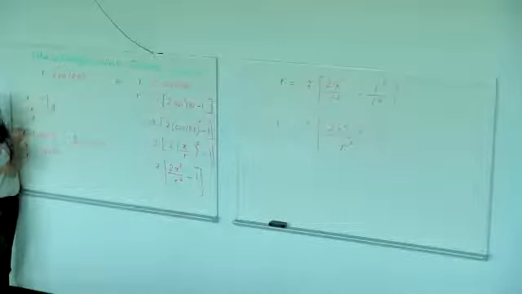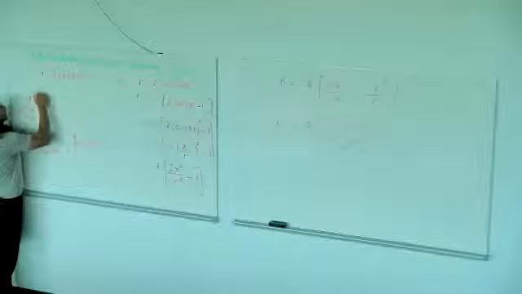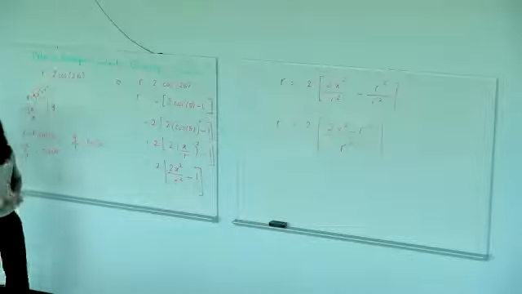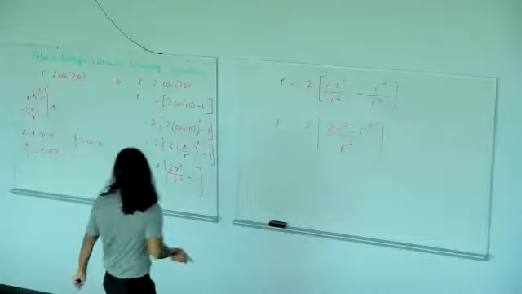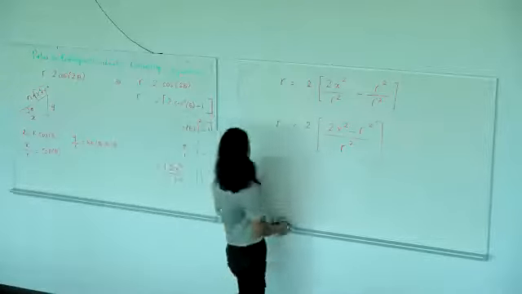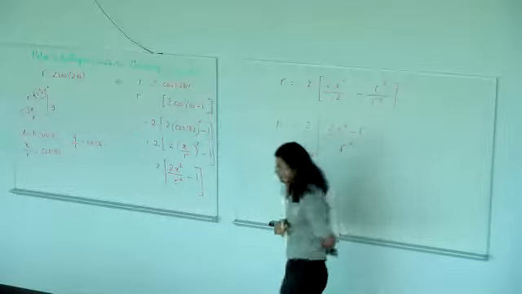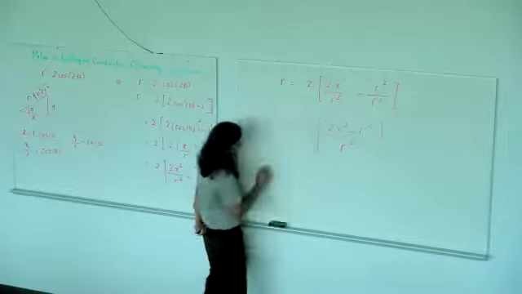What is the length of r? Square root of x squared plus y squared. So r is the square root of x squared plus y squared.